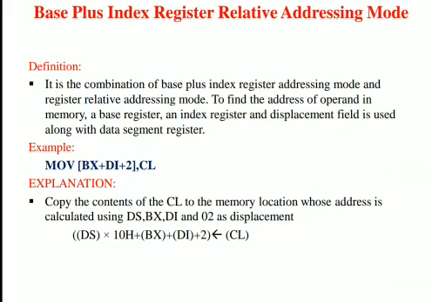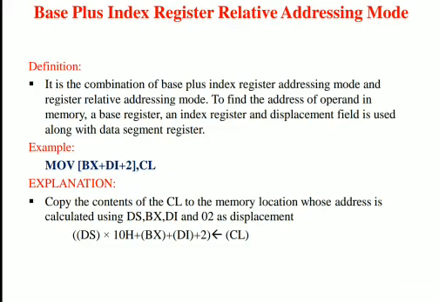It is a combination of base plus index register addressing mode and register relative addressing mode. To find the address we have to use the base register, index register and the displacement field. See the example, MOV [BX+DI+2], CL. Always the square bracket indicates the memory location.